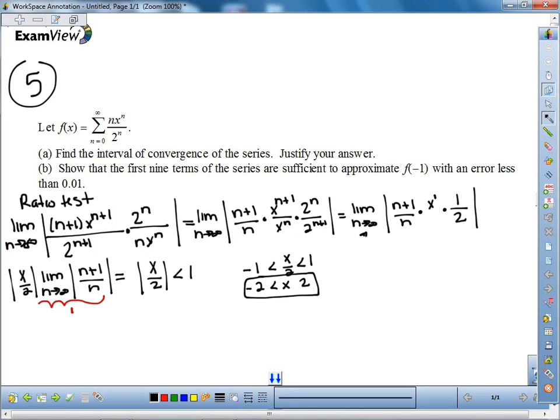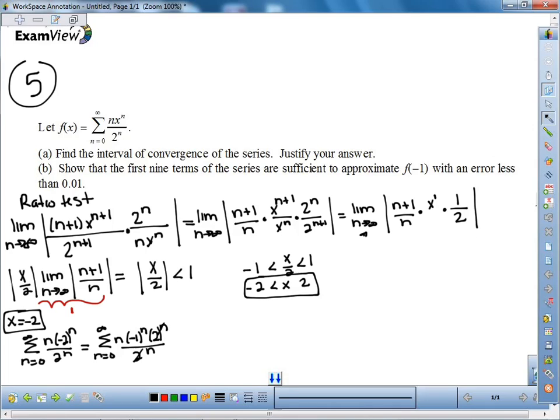So I need to check the endpoints to see whether the endpoints are included or not. Let me check when x is negative 2. In my series, wherever I see an x, I'm going to substitute a negative 2. I can write this as n times (negative 1) to the n, 2 to the n over 2 to the n.